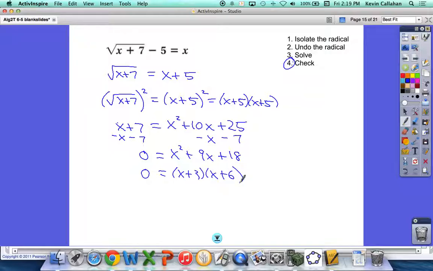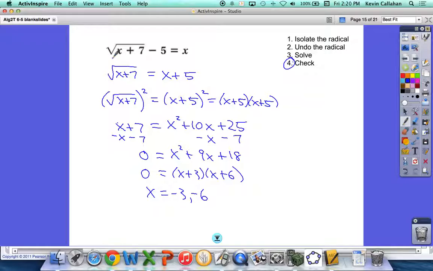So what does x equal? x equals -3 and -6. All right, but now we need to check, because clearly this is the kind of situation where you might get an extraneous solution. So let's go back up here, and in the place of x, you're going to put first a -3 and then a -6.